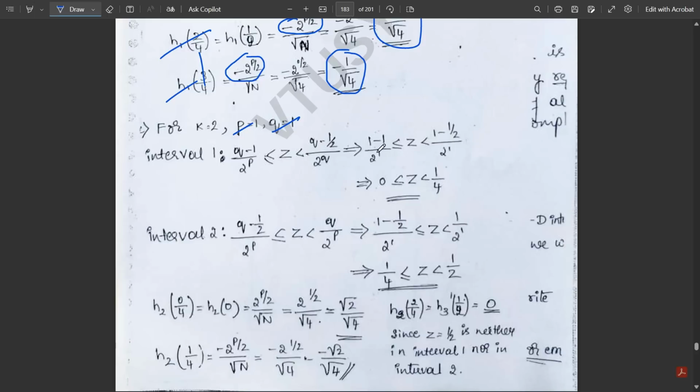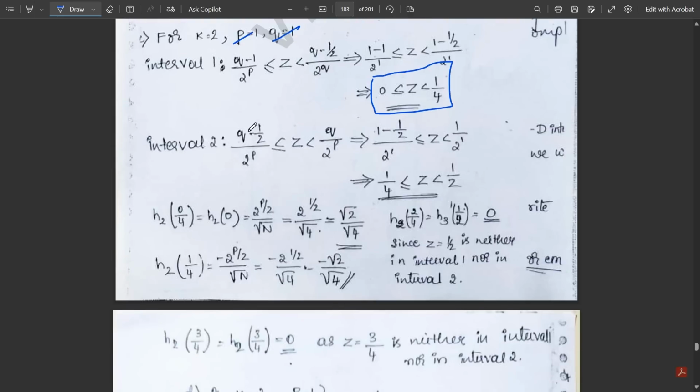So 1 minus 1 divided by 2 power 1, and here 1 minus half divided by 2 power 1. Solve it. Since 1 minus 1 is 0, here we would be getting 0 less than or equal to z less than 1 minus half, that is equal to half only. So half divided by 2, that is equal to 1 by 4. So this is the one range, that is for interval 1 for k equal to 2, that is z is between 0 to 1 by 4.